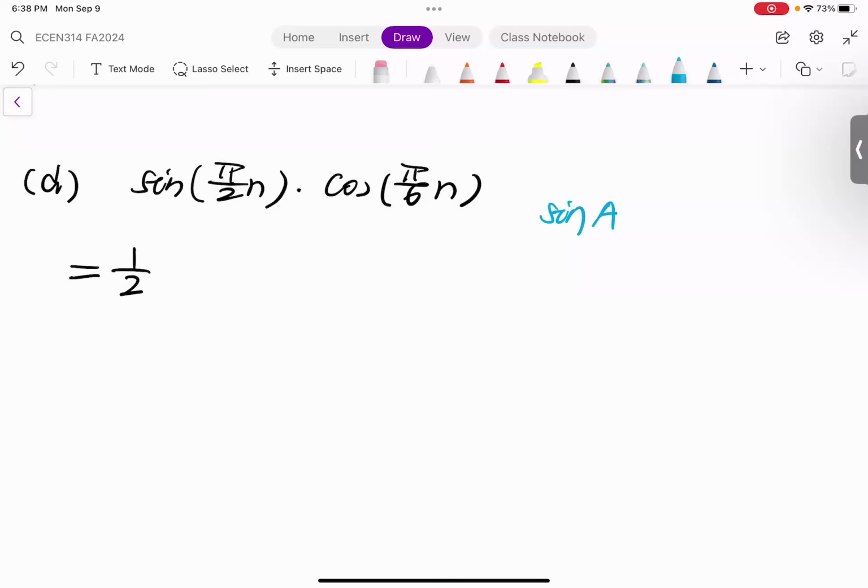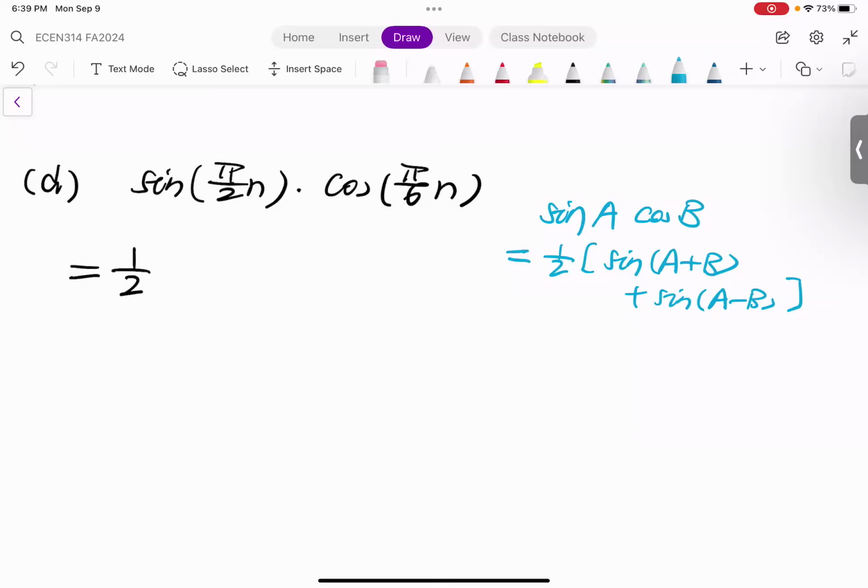Sine A times cosine B is equal to 1/2 of sine A plus B plus sine of A minus B. You may say, oh, this is a random trigonometry. Am I supposed to memorize it? No, you don't have to. But you can use Euler's formula to derive it very easily because you have the real and the imaginary part.